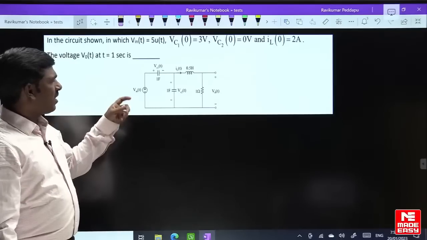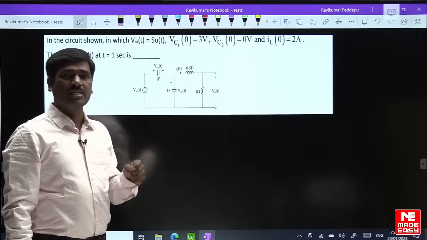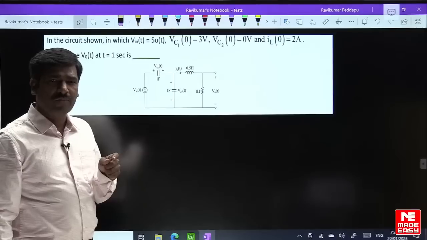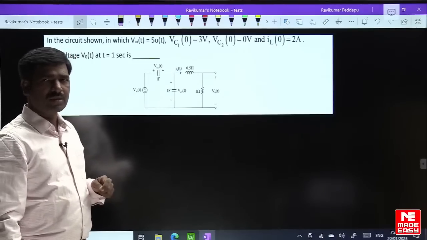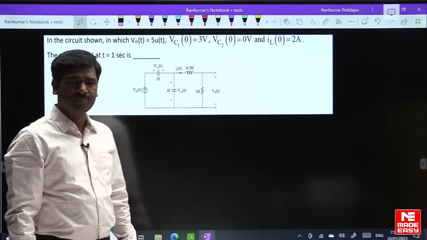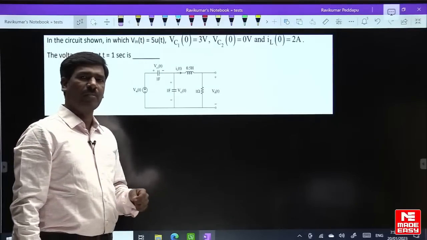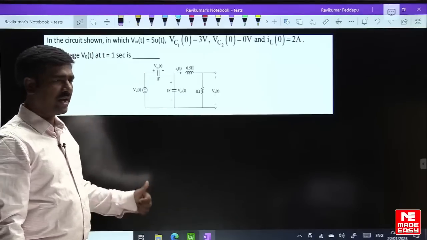The circuit consists of R, L and C. Whenever the circuit consists of R, L, C and you want the response of the circuit, preference is always given to the Laplace transform technique. The time domain will take more and more time. So in place of the time domain, use the Laplace transform technique and you'll get the answer.